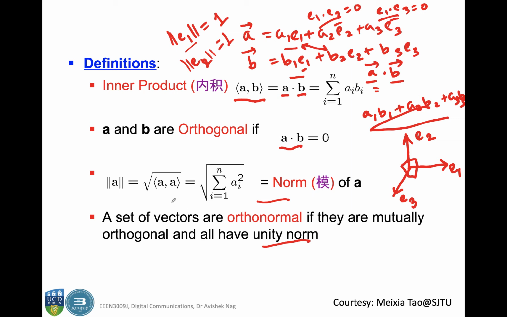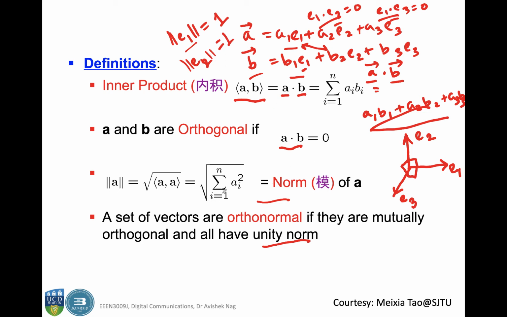It's the dot product of a vector with itself, and if you do the dot product of a vector with itself, you will get the sum of the squares of all the components, and that also follows from these relationships: E1 dot E2 is 0, E1 dot E3 is 0, and the norms of E1, E2, E3 are 1.